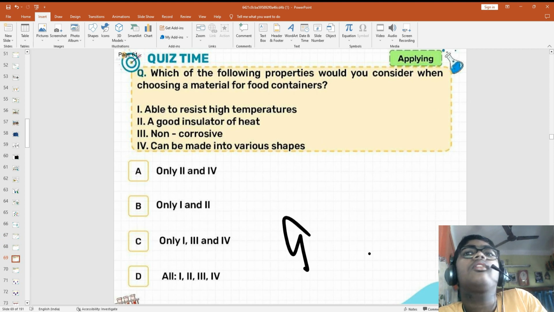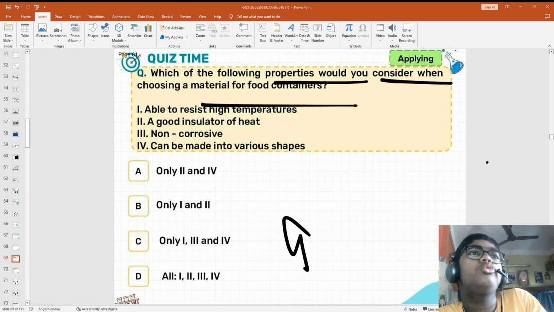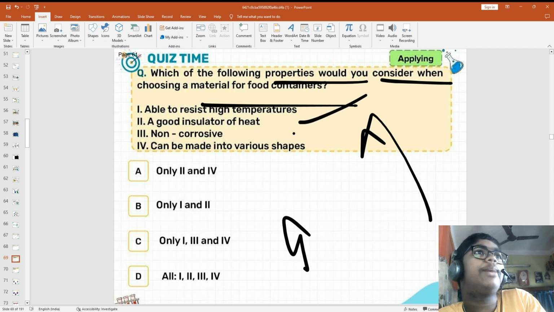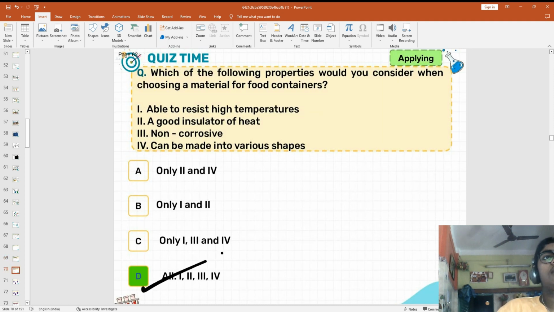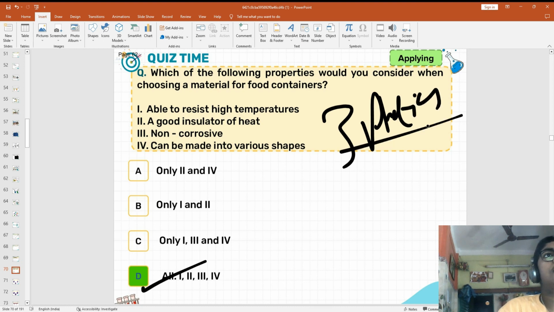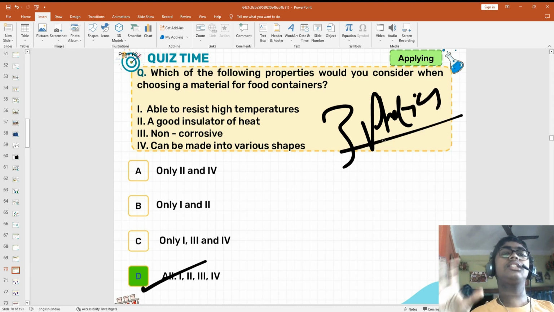So tell me, which following properties would you consider choosing a material for food containers? कौन सा ठीक आप चूज करेंगे? Able to resist high temperature, a good insulator, non-corrosive, or can be made into various shapes. Which one? All. That's why plastics are used. ये plastics का characteristics है, वो high temperature resist कर सकता है.